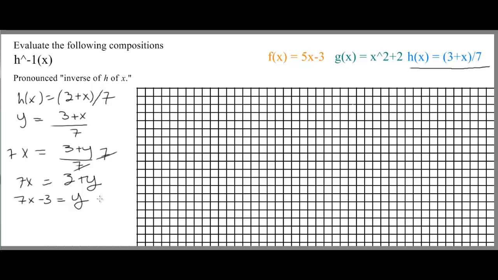So here is the inverse of h of x, and let's rewrite that. Equals 7x minus 3. And that concludes this video.